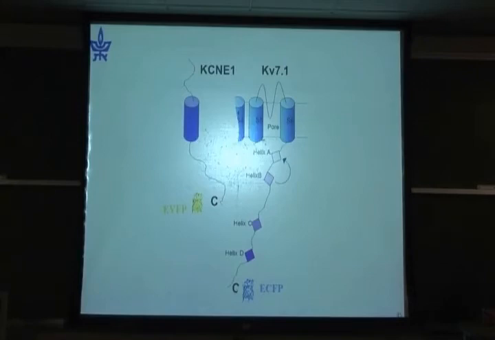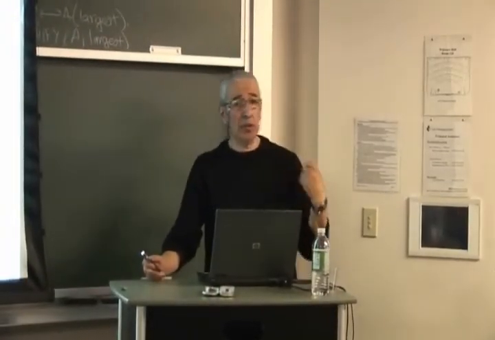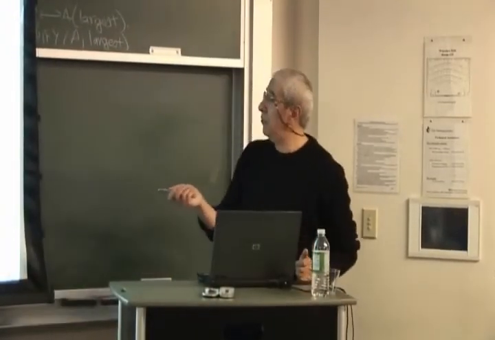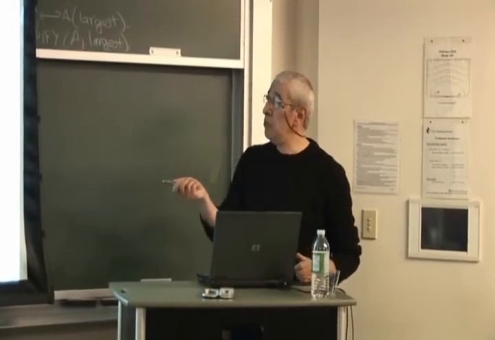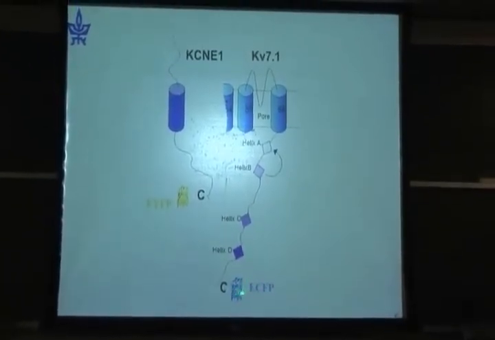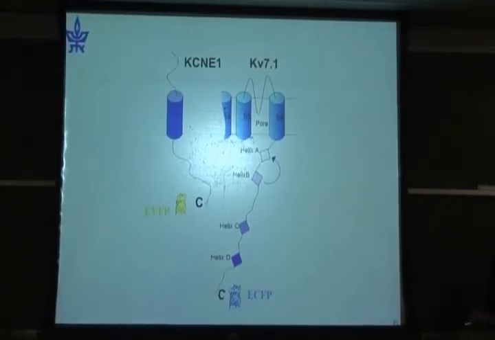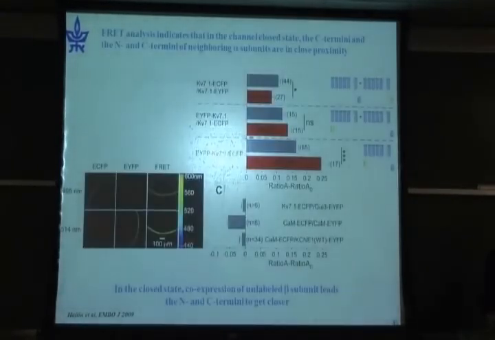So then we try to analyze what kind of motion are undergoing the two subunits upon gating. So in order to do so, we fused to the C termini of these two subunits fluorophores, a very classical way, ECFP to the C terminus of the Kv7.1 alpha subunit, and EYFP to the C terminus of the beta subunit. And then we did FRET experiment, but functional FRET experiment.